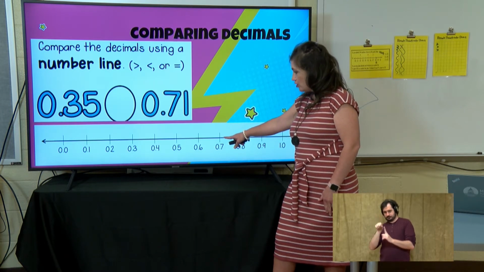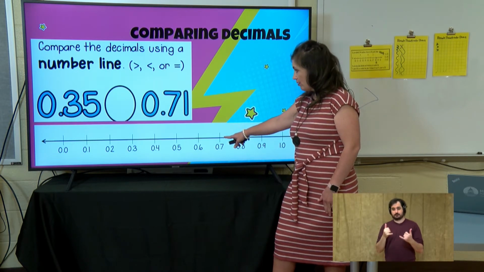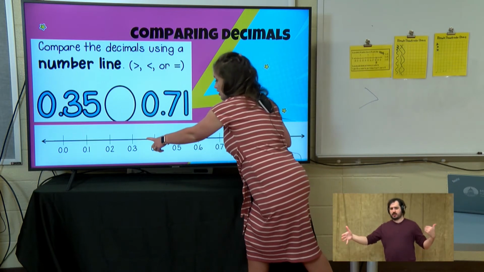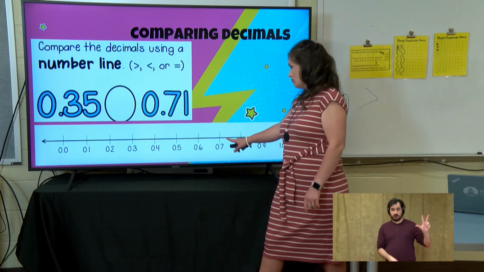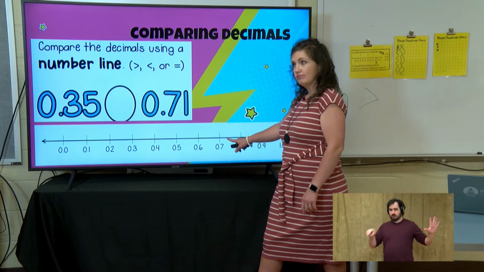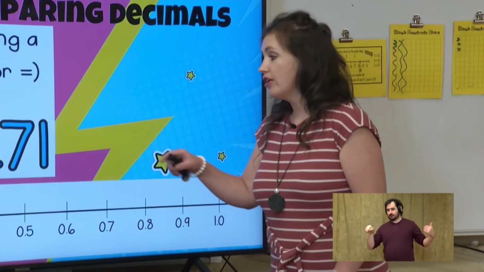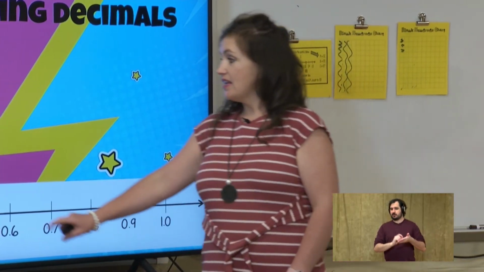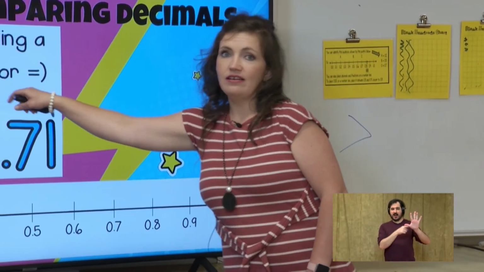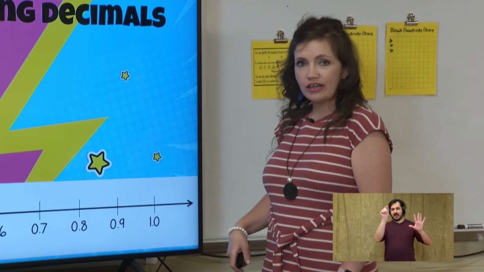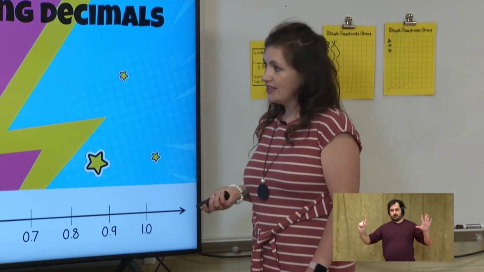All right, so what's further down the number line? 35 hundredths or 71 hundredths? 71 hundredths, right? So we would say 35 hundredths is less than 71 hundredths. Great job, guys.